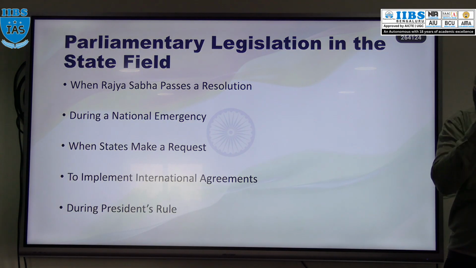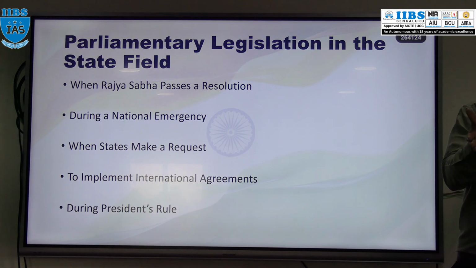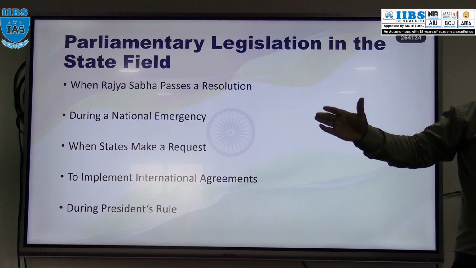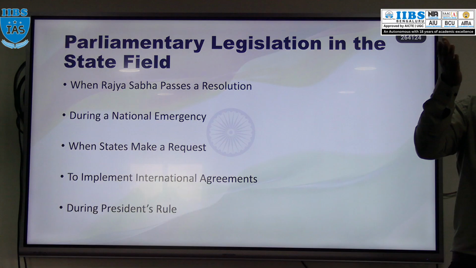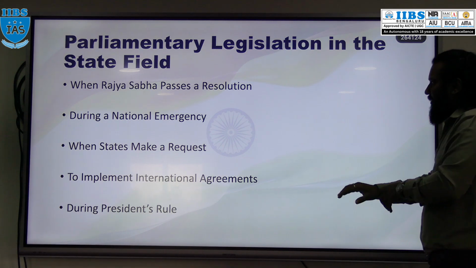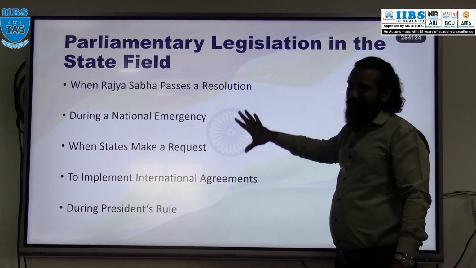When the President's rule is finished, say it is finished on the 31st, then from that day 6 months is the validity, that's all. During the emergency, and also after the emergency, for a maximum period of 6 months after the emergency ceases to operate. Understood? So here Parliament has the power to make the law in the state list in 5 cases.